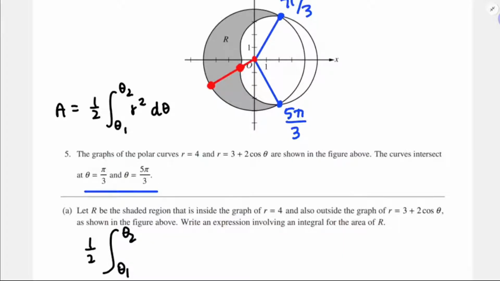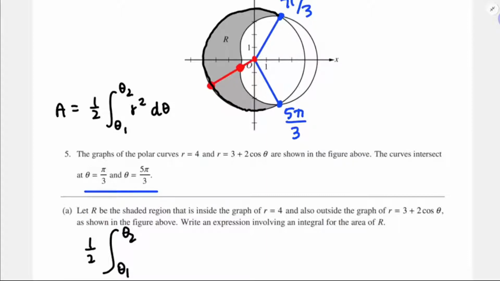The one that's kind of like wrinkled, that's got to be the one that's got a more interesting equation. r equals 4 is a very plain equation, so it should have a very plain graph. It's a circle centered at the origin with radius 4. Okay, so I'm seeing this one is r equals 4 right here.